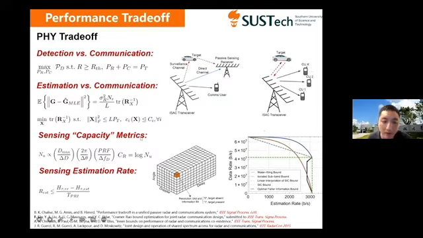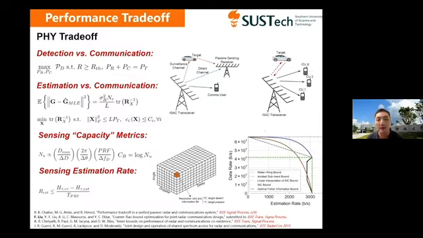But this capacity metric is very restricted to the identifiability of how many targets can be distinguished. In another sense, there is another paper on defining the sensing estimation rate, which is based on mutual information for the estimation.